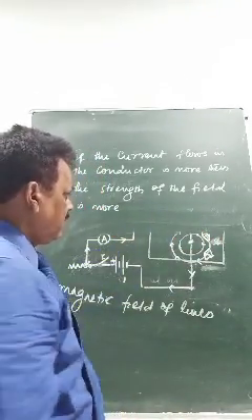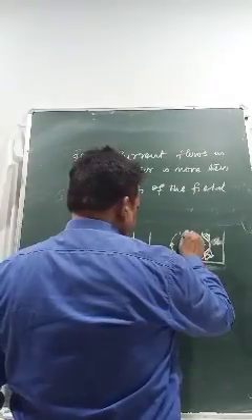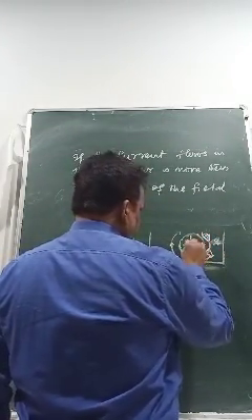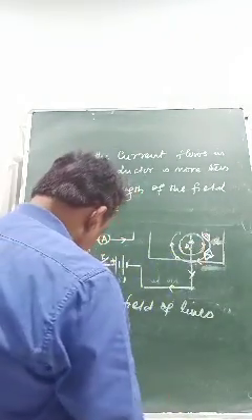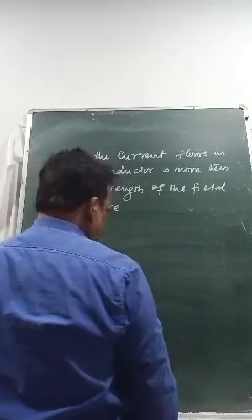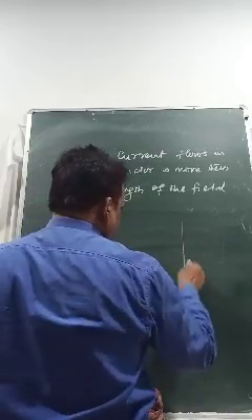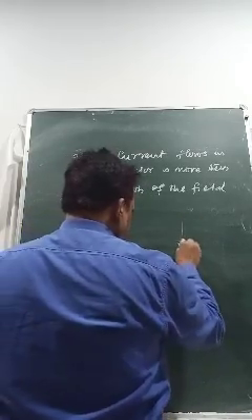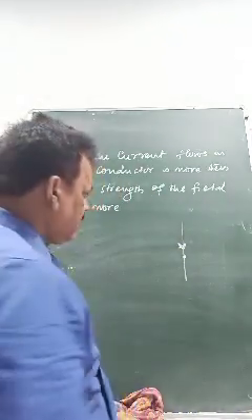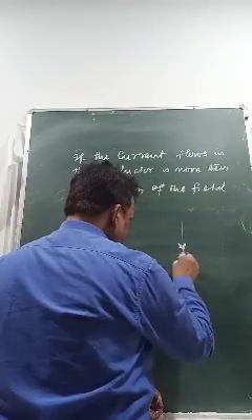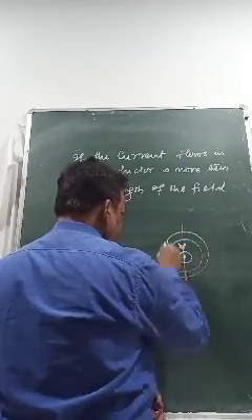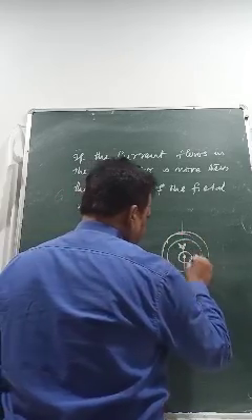Then the magnetic strength is more closer to any point on the conductor. So that is another point to understand. First you understood, if there is a conductor, if this is a point, the strength nearby this is more, strength away from this is less.